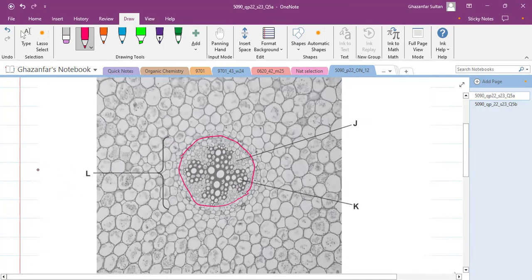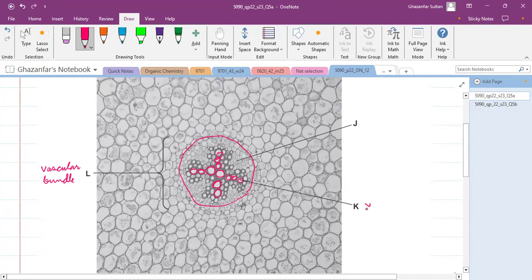So this all is called vascular bundle, which has two very important tissues, xylem and phloem. So actually these are xylem, and here it is also xylem, and it is also xylem.